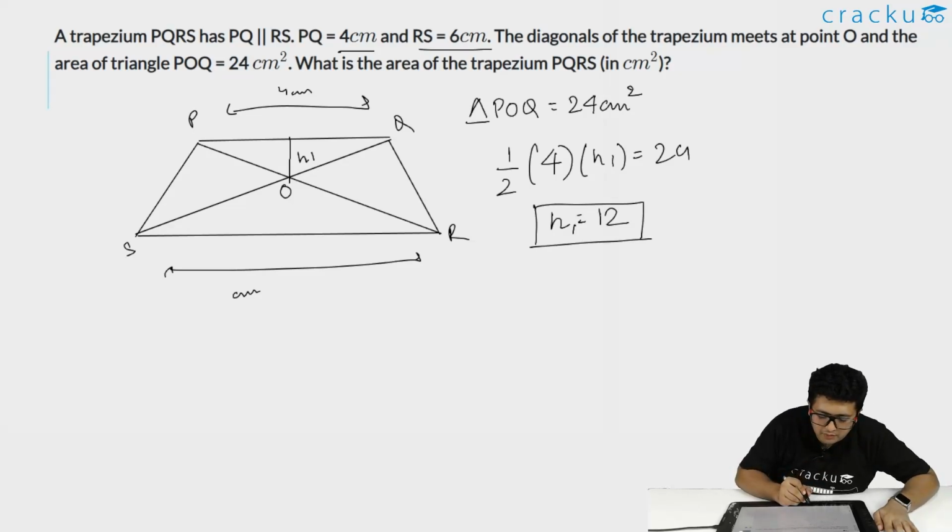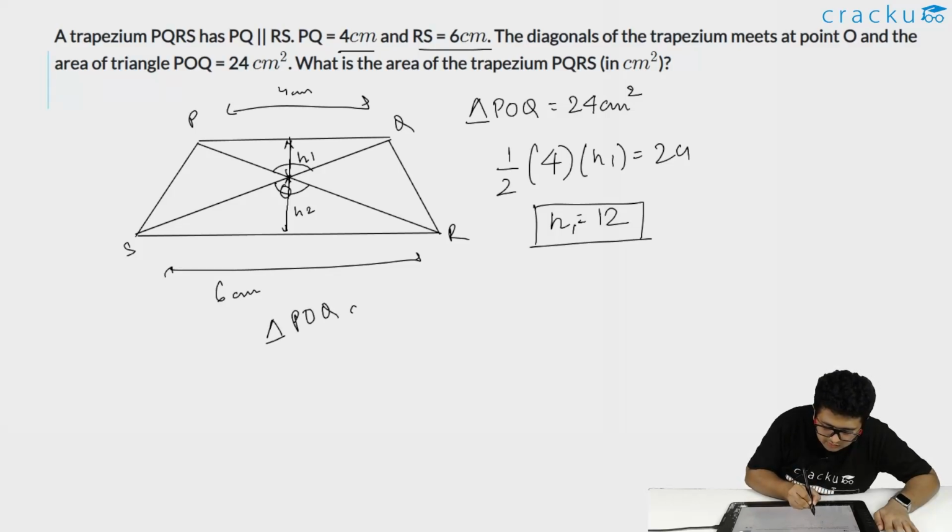But we need to find the entire height. So we can extend this perpendicular. This part can be H1, and this part can be H2. Using the similarity of triangles, since this angle is equal to this angle, triangle POQ is similar to triangle SOR.